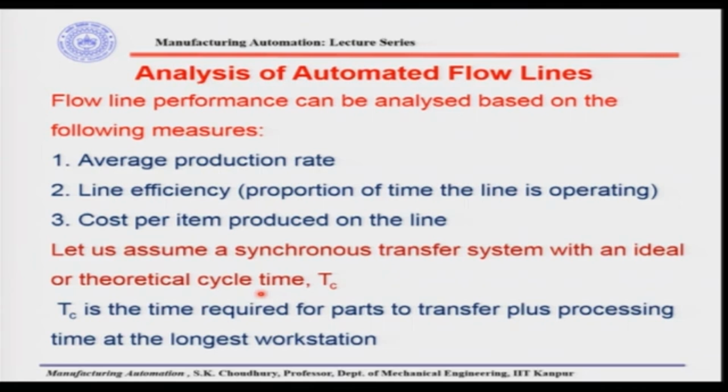Okay. Now, the Tc, which is the cycle time, as we said, this is the time required for parts to transfer plus processing time at the longest workstation. Now, what does it mean? In a flow line, we have different machines, and all these machines may require different processing time.